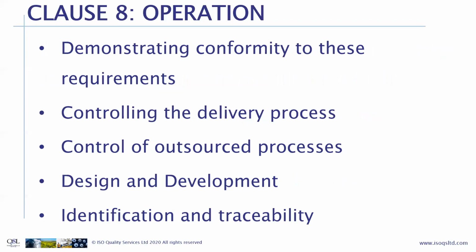Now, as I said earlier, the standard is very much generic. So what you will find within this clause will not necessarily be each clause or each section of the clause applicable to you as a business. There could be certain areas that you don't undertake, and on that basis, you would not have to evidence them. If we just briefly go through these, because it's quite a significant number.